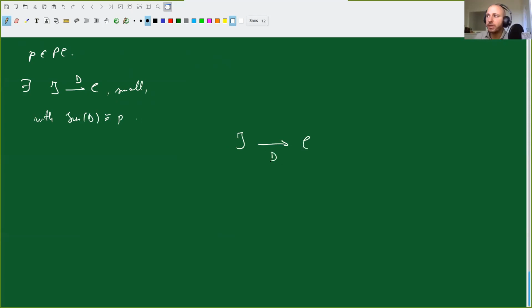We have a diagram like this, but now we can always take a canonical choice of a diagram that has this as an image, namely the Grothendieck deconstruction, the up one, of P. The only problem, of course, is that this thing is possibly large.